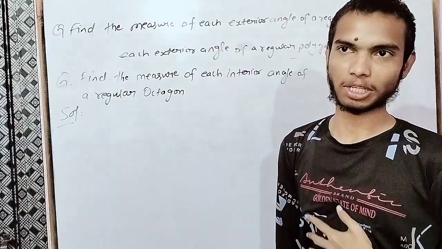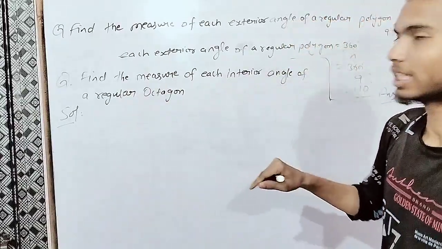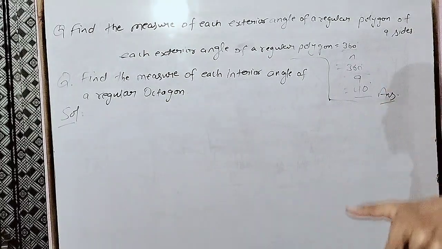This is the statement of the next question: find the measure of each interior angle of a regular octagon.